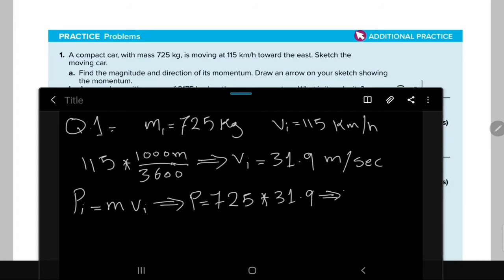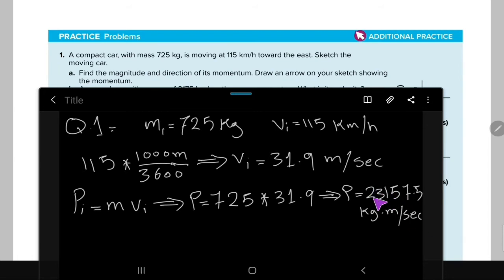And after that, the momentum is equal to 23,157.5, and the unit here is kilogram meter over second.